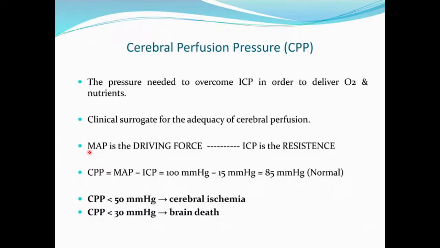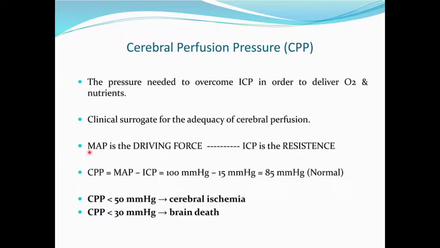It is the minimum amount of pressure that is required for the flow of arterial blood in the brain. This we have to maintain. If at any time we fail to maintain the cerebral perfusion pressure, it can lead to disastrous complications in the patients.